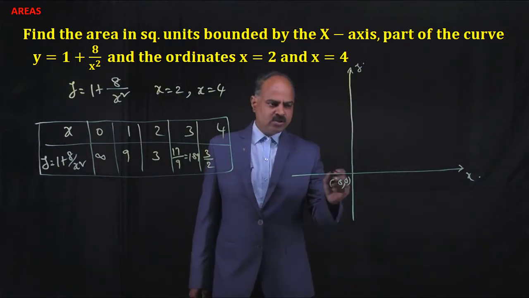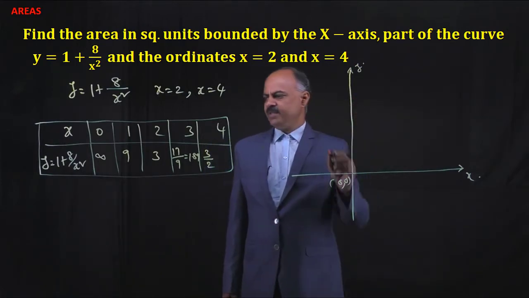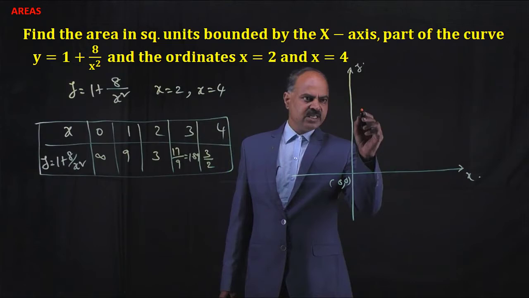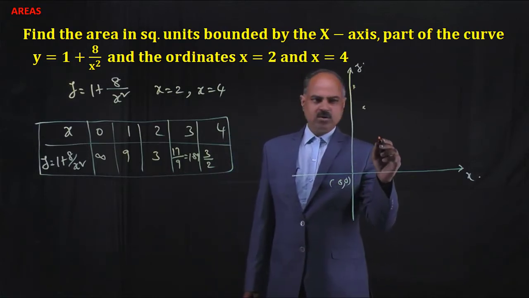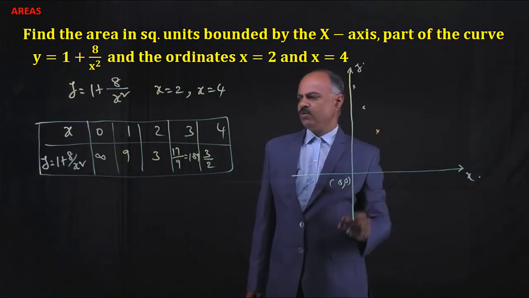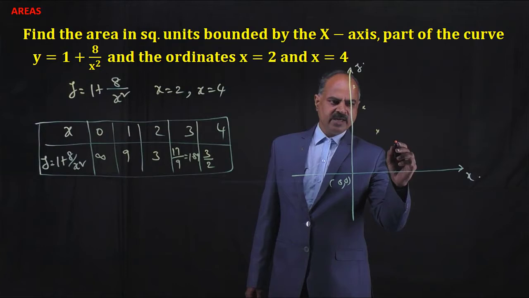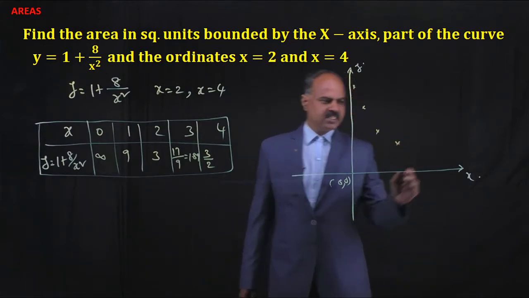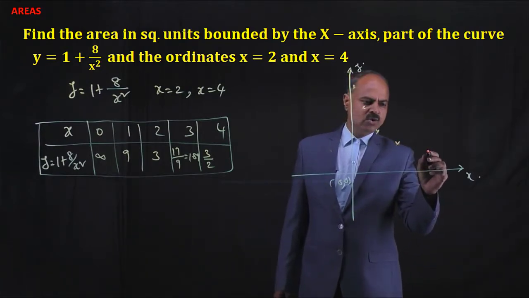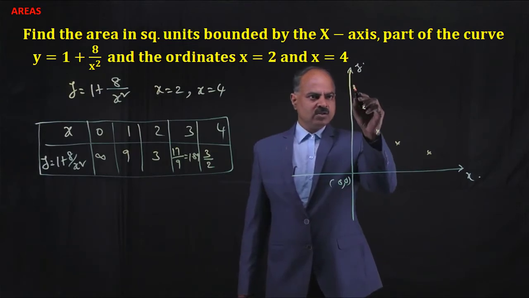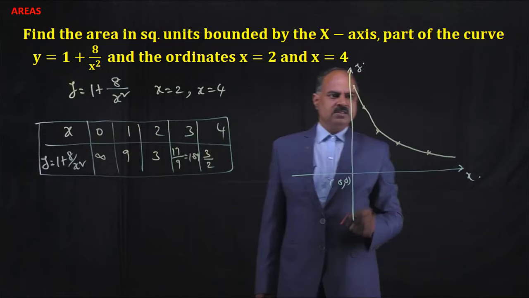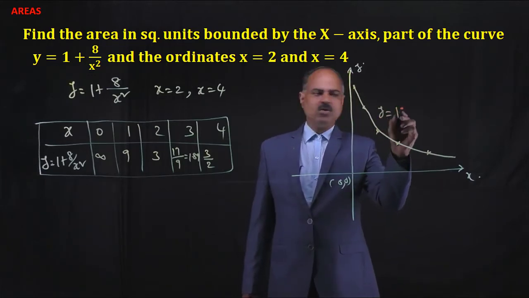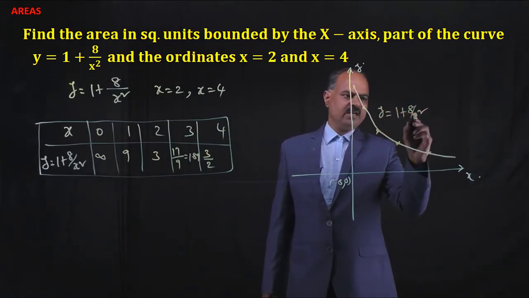X equal to 0, y is equal to infinity, and x equal to 1, y is equal to 9, and x equal to 2, y is equal to 3, x equal to 3, y equal to 1.89, x equal to 4, y is equal to 1.5. So this is the y is equal to 1 plus 8 by x square curve.